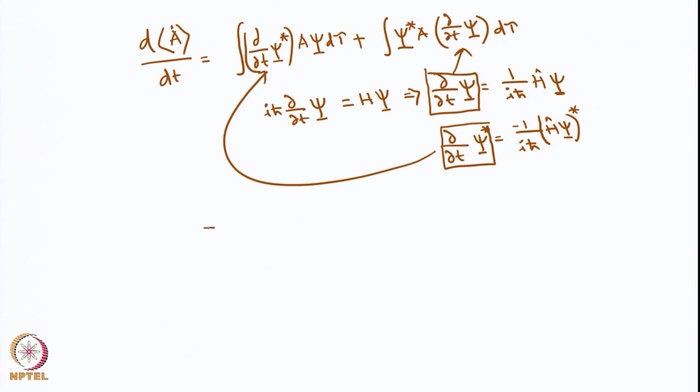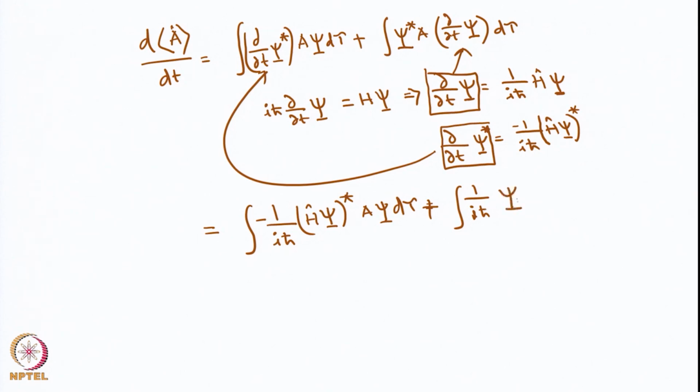Now if I do that, then I will get the integral of minus 1 by i h bar, H psi whole star multiplied by A psi d tau, plus the integral of 1 over i h bar psi star A H psi d tau.